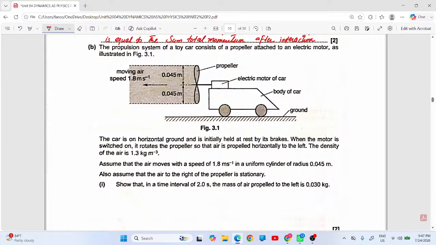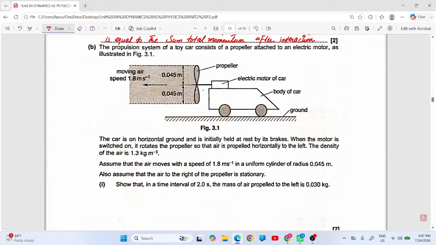Assume that the air moves with a speed of 1.8 meter per second in a uniform cylinder of radius 0.045. Also assume that the air to the right of the propeller is stationary. Show that in a time interval of 2 seconds, the mass of air propelled to the left is 0.030.